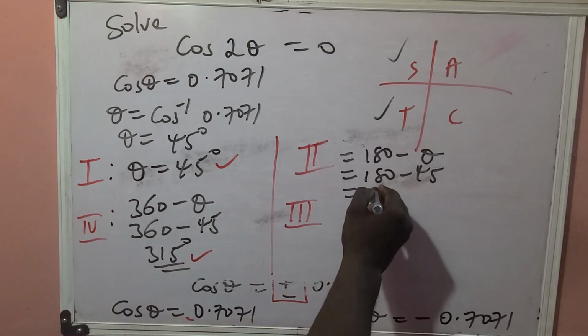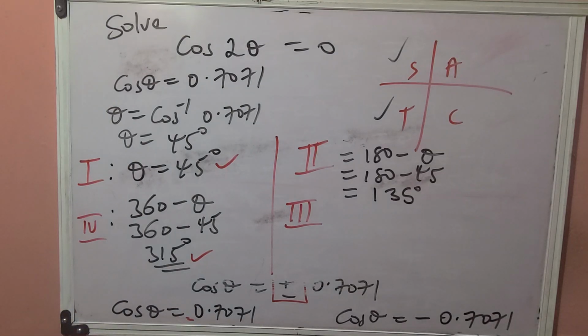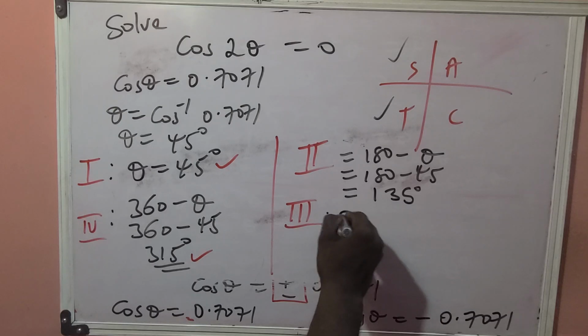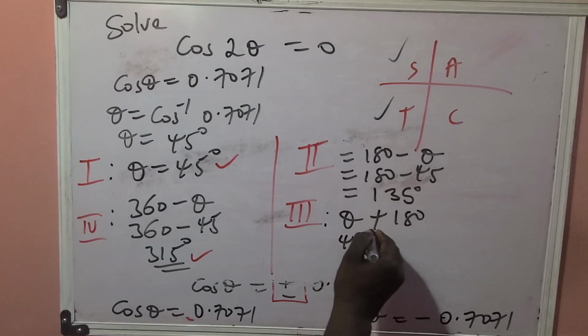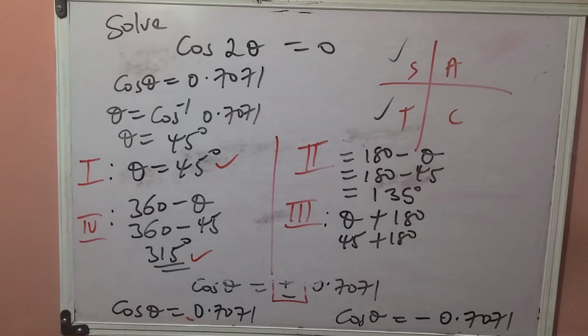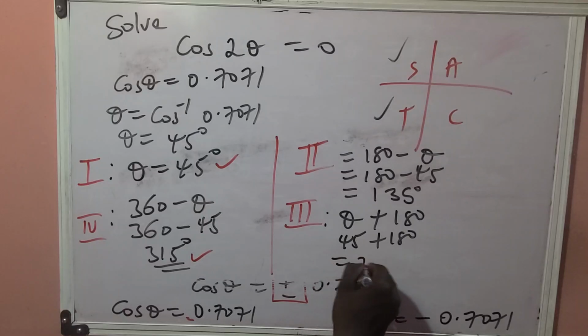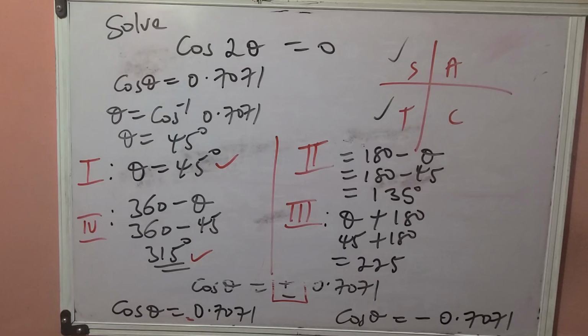I told you already that your quadrant is what determines the final result. So for quadrant 3, the rule that goes on there is theta plus 180 degrees. Our theta is 45 degrees, so that will be 45 plus 180, which will give you an answer of 225. So our values when we are dealing with this other side were 135 degrees and 225 degrees.